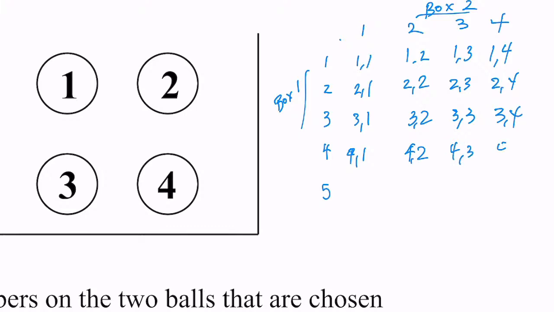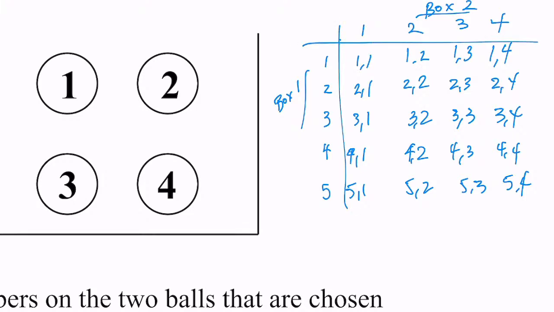Now what we'd like to be able to do is recognize patterns, so we don't have to make these handwritten things every time. We don't have to make lists or matrices. So these are the possible outcomes. There's 5 times 4, or 20 possible outcomes.